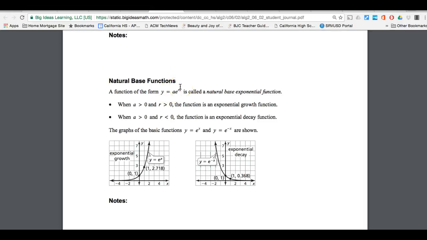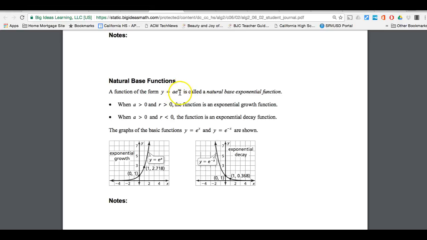Now we've got a couple different options that we can have for our constants. First of all, we're only going to look at functions where a is greater than 0. Okay, we're only looking at functions where we've got a positive constant in front of our e value. Now, there's two options then that we have.